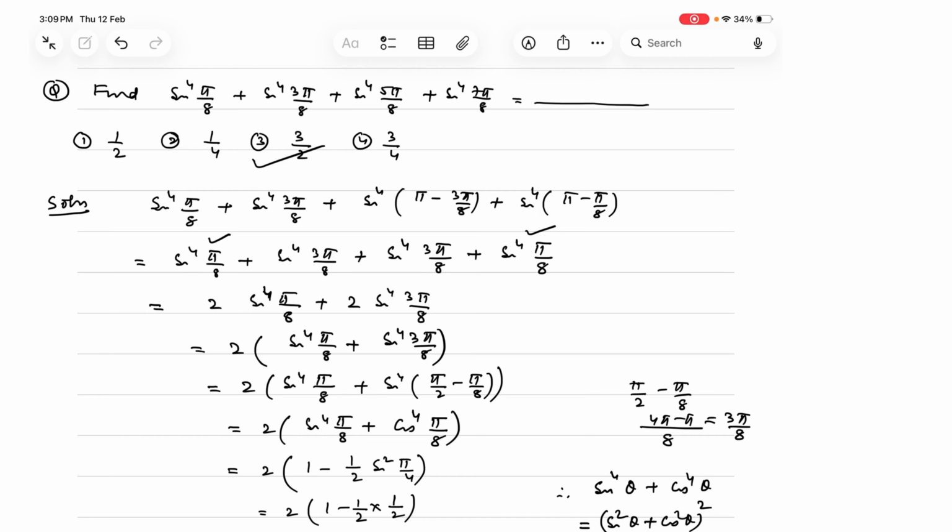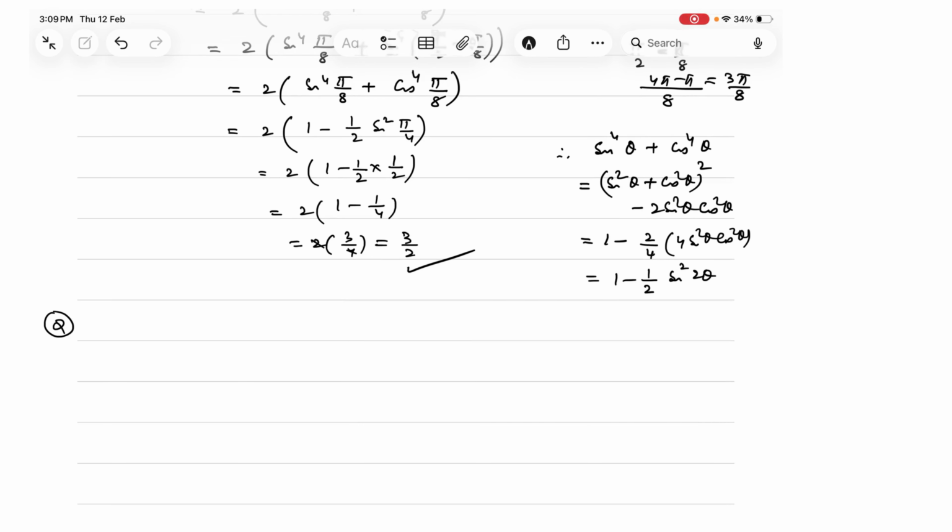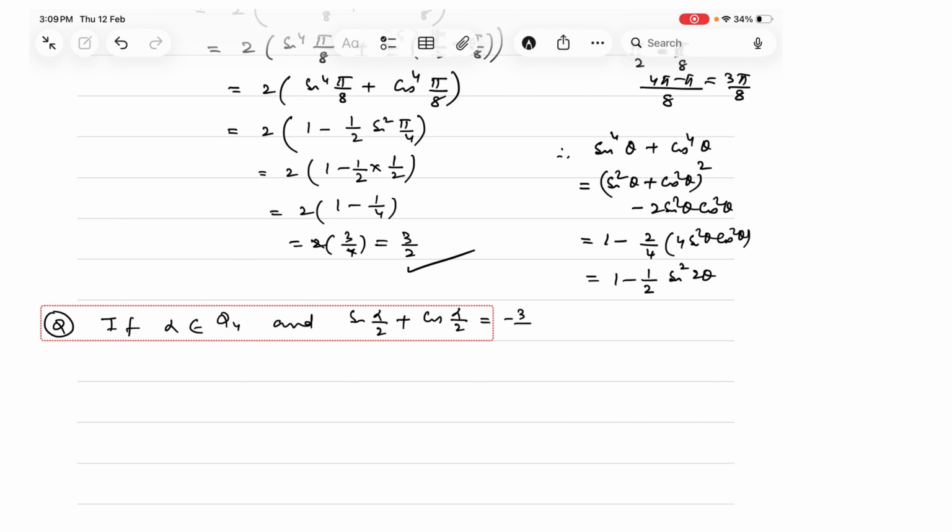Very, very important question. Now, after that, the next very, very important question of multiple submultiple is, if alpha lies in the fourth quadrant, and sine alpha by 2 plus cos alpha by 2 is equal to minus 1 by 2.